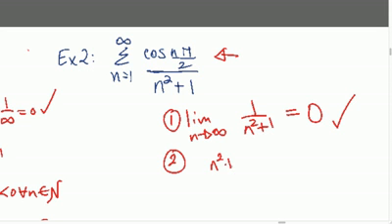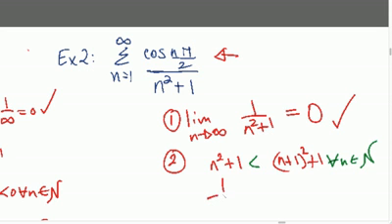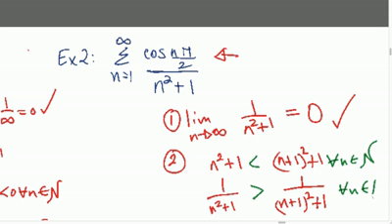So if I compare n squared plus 1 and (n plus 1) squared plus 1, we know the inequality direction should be this way, right, for all n element of the natural numbers. And then if I take the reciprocal of both sides, then I have the inequality changing direction, and also for all n natural numbers.